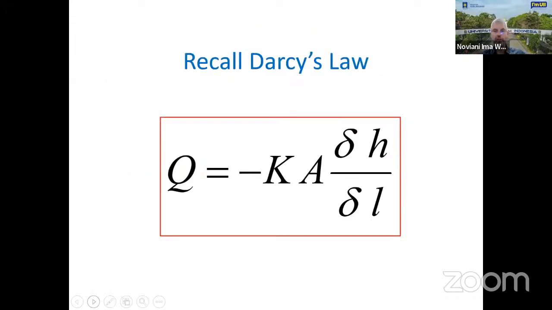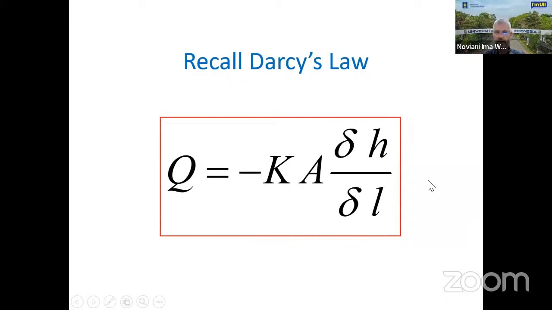Okay, so I'll introduce you to how we change Darcys Law that we talked about yesterday and make it so that we can use it to evaluate our hydraulic test. So remember, the flow Q is equal to the hydraulic conductivity times the cross-sectional area times the hydraulic gradient. And remember, there's this minus sign here, which means that water flows from high to low pressure.